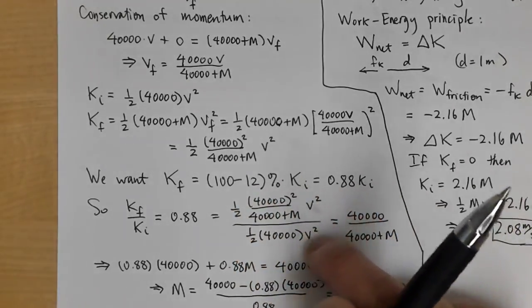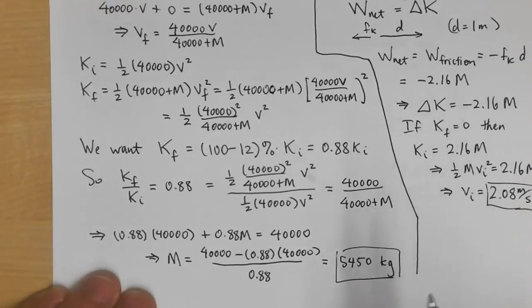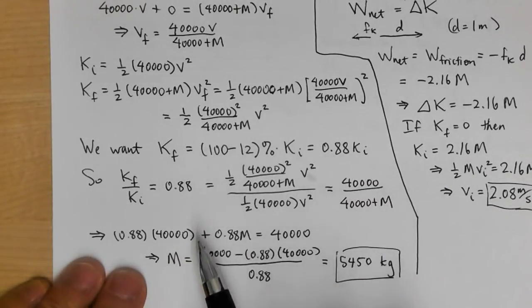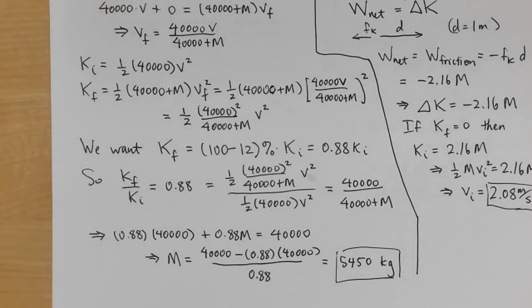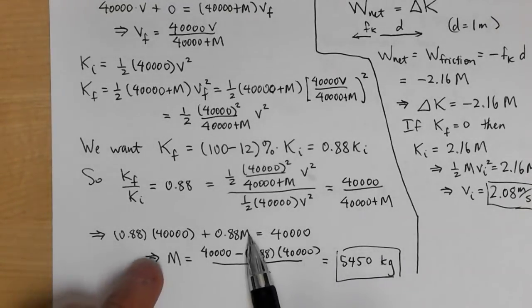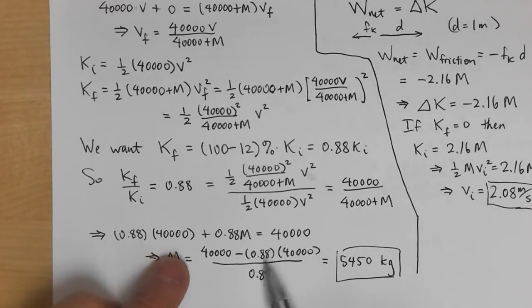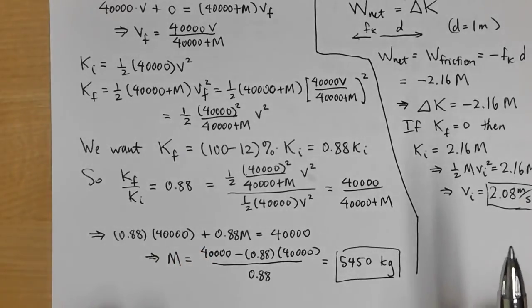The 1/2's cancel, the v squares cancel, so as we expected, the v's don't matter. Now this thing must be equal to 0.88. And so m must be equal to, just solving for m here, 40,000 minus 0.88 times 40,000, divided by 0.88. You get 5,450 kilograms.